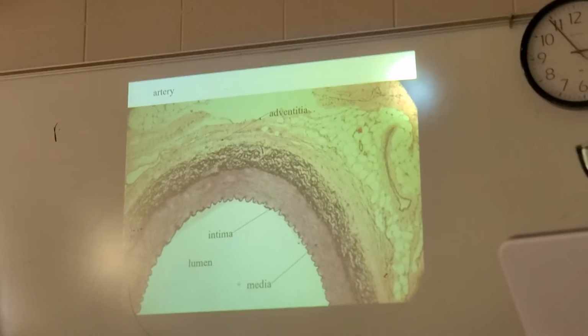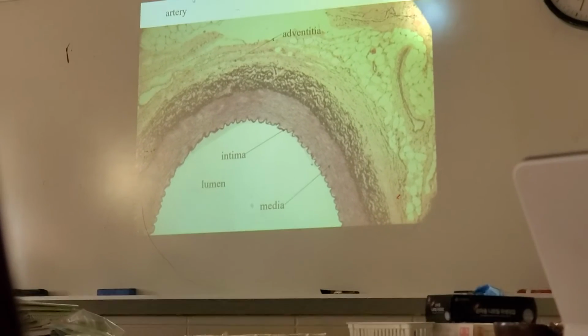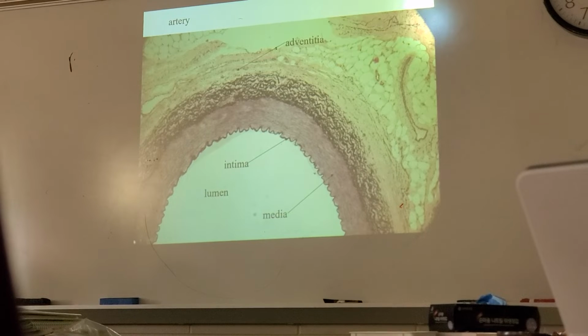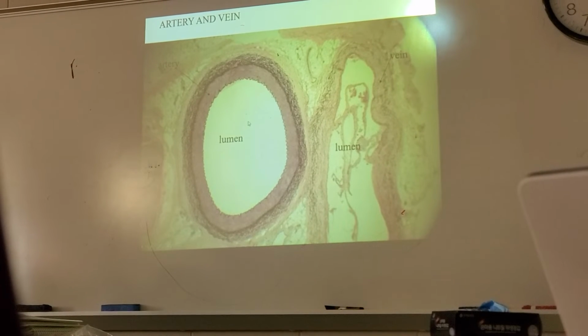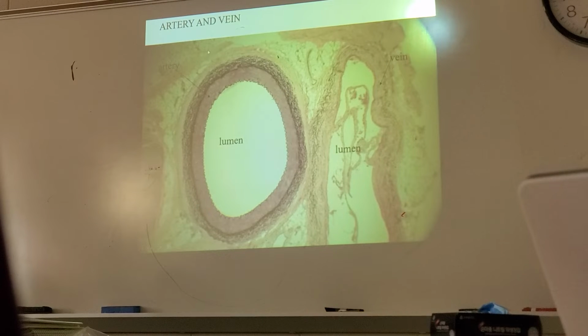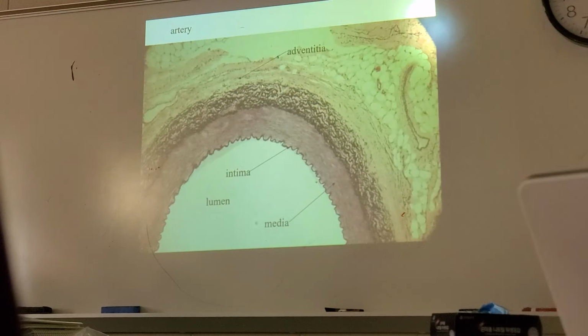If I gave you this slide, I might ask you, is this an artery or a vein? Say vein. Is this an artery or vein? You say artery. If I went here, I might ask you, identify what is this? You'd say an artery or a blood vessel. And I'd say identify layer, or identify layer, or identify layer. That's about all I get.